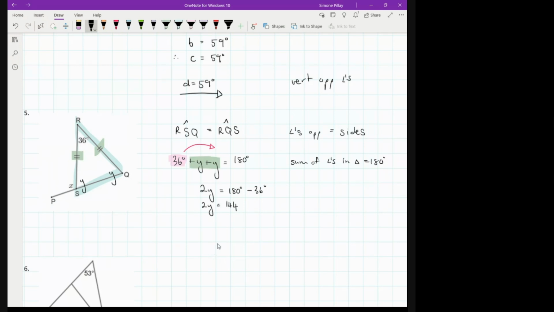What's last? We're going to divide 2y by 2 and 144 degrees by 2. Your answer is going to be 72. Beautiful. So now that I know these are 72, now what do you want to do?